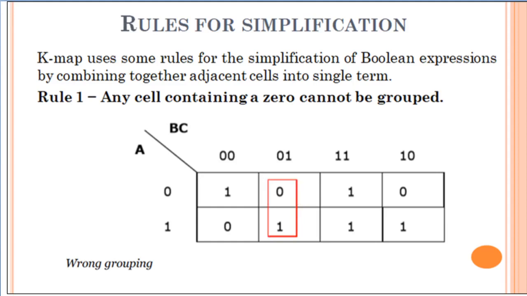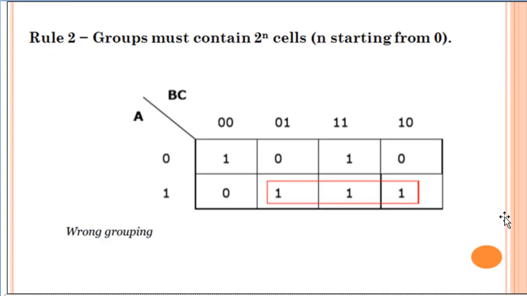Now the second rule is that the group must contain 2 to the power n cells, and this n starts from 0.